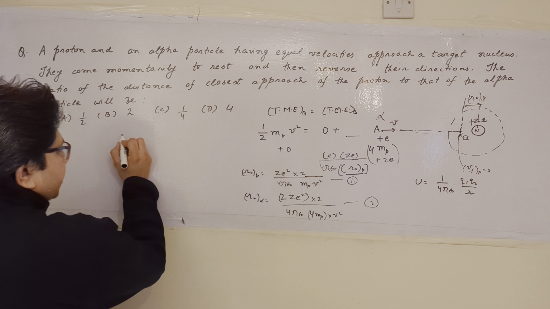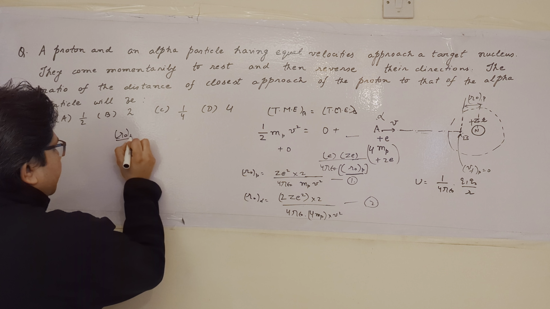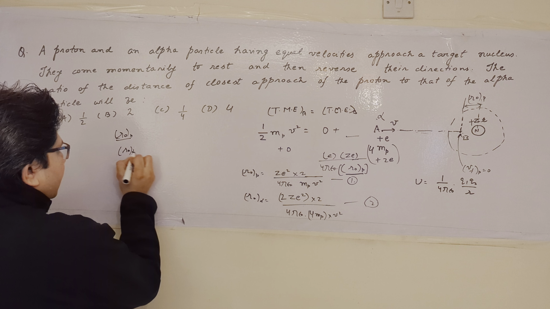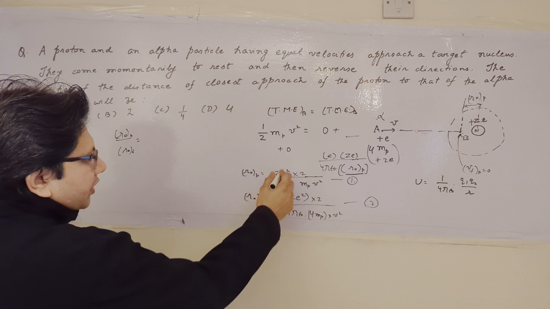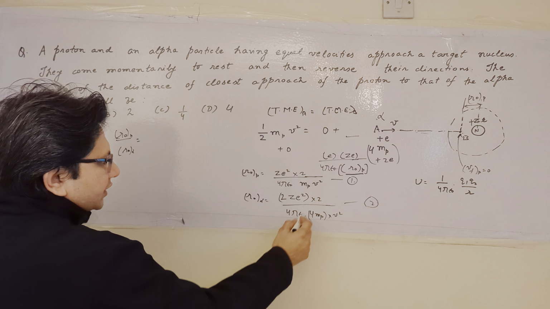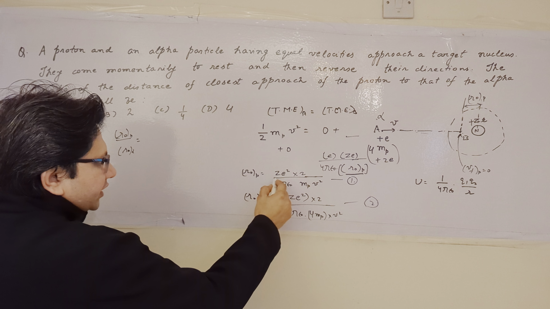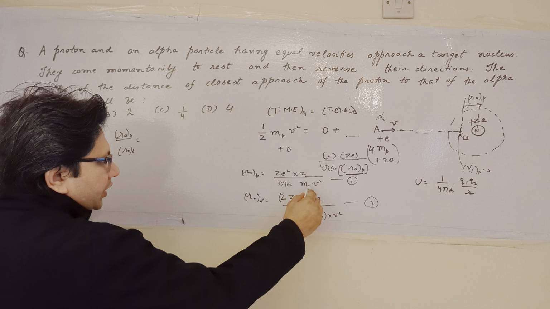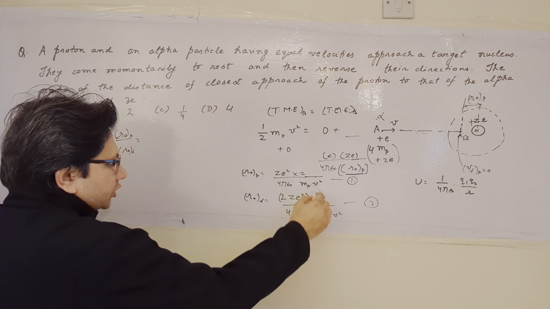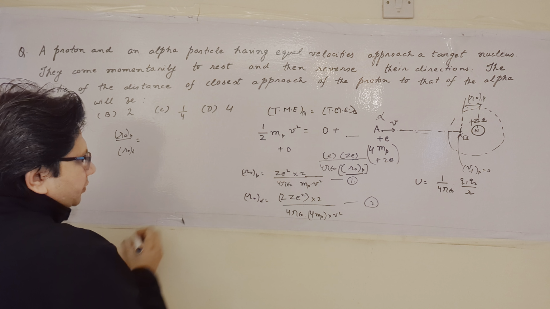Now we have to find this ratio R_0P upon R_0alpha. So when we divide these two, 4 pi epsilon naught cancels with 4 pi epsilon naught, Ze square cancels with Ze square, m_p cancels with m_p, and v square cancels with v square.